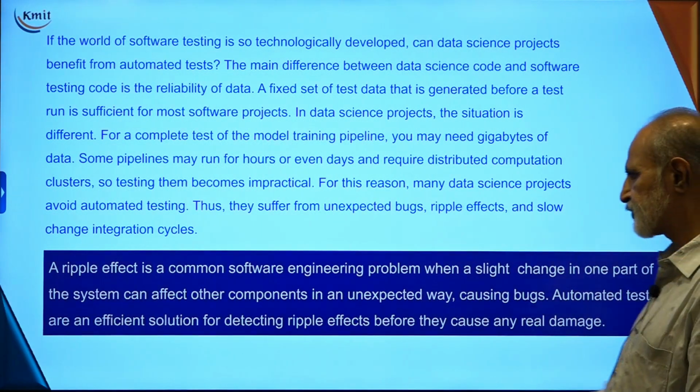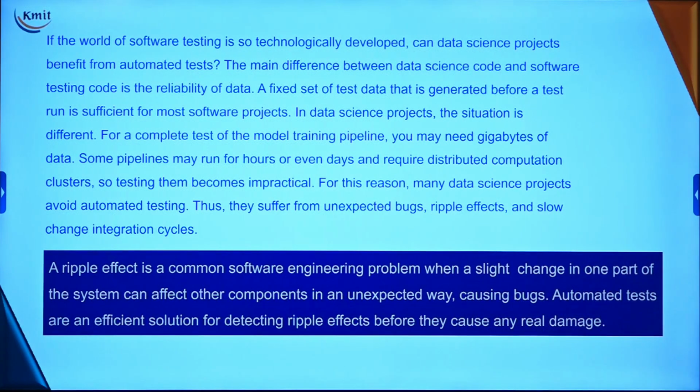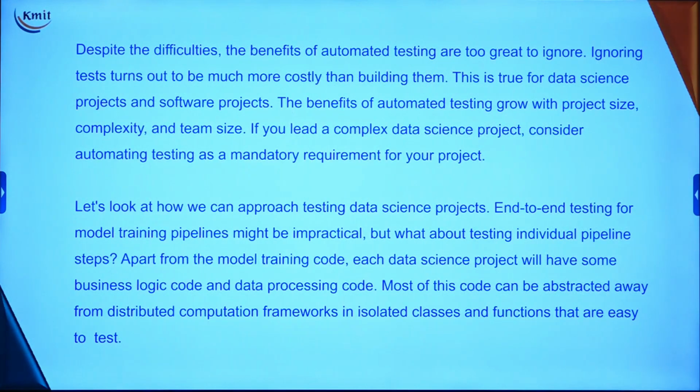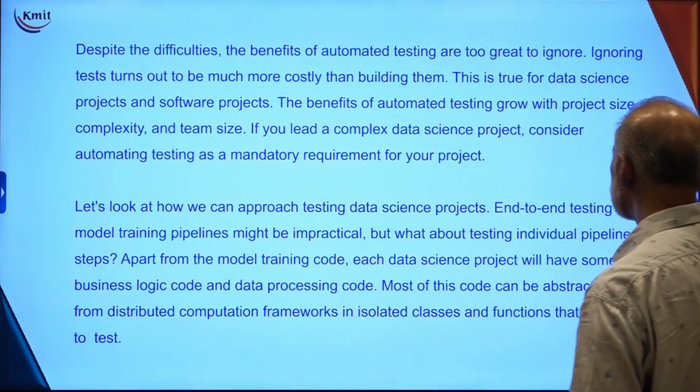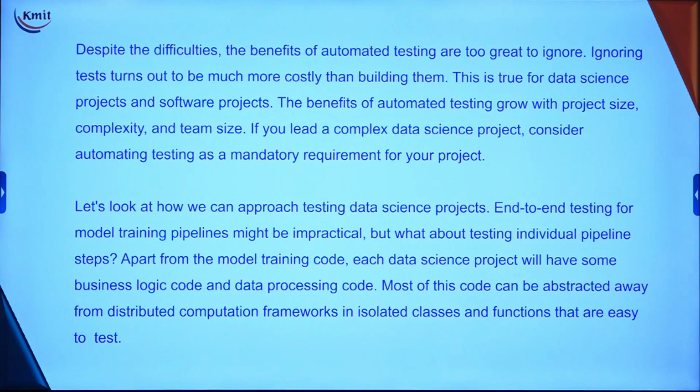So automated tests are an efficient solution for detecting ripple effects before they can cause real damage. Despite this difficulty, the benefits of automated testing are too great to ignore. Ignoring tests turns out to be much easier but costlier than building them.